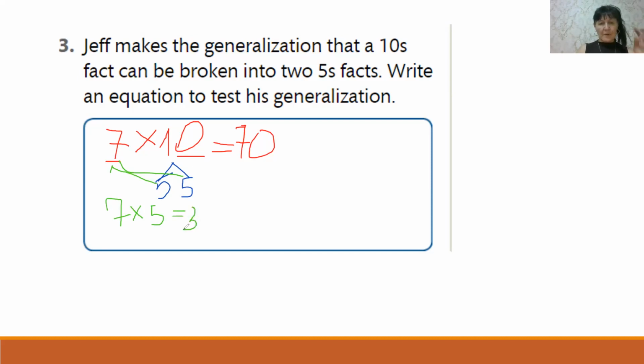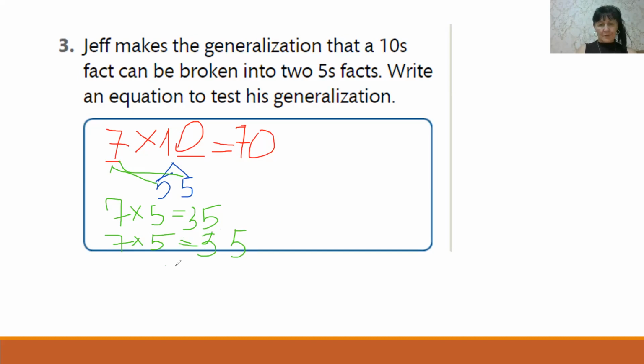You know, counted by 5: 5, 10, 15, 20, 25, 30, 35, yes. And again, 7 times 5 equals 35.